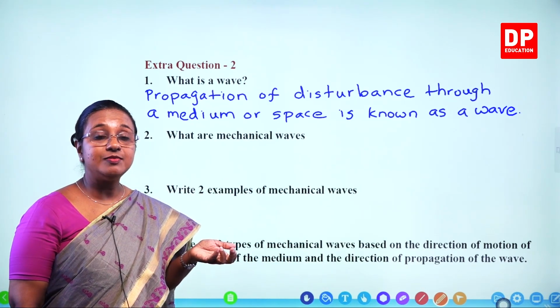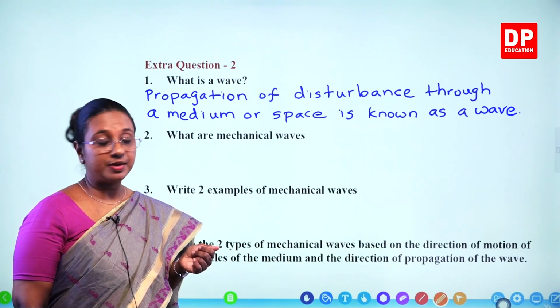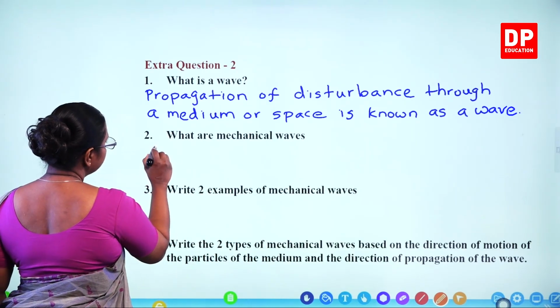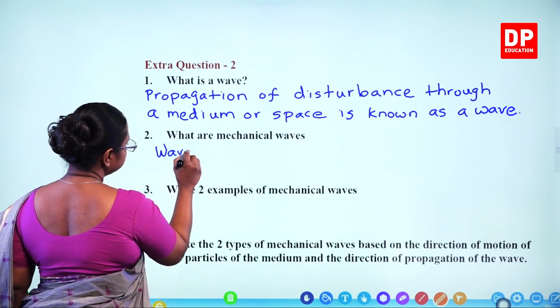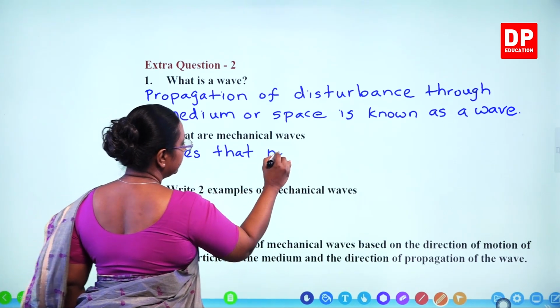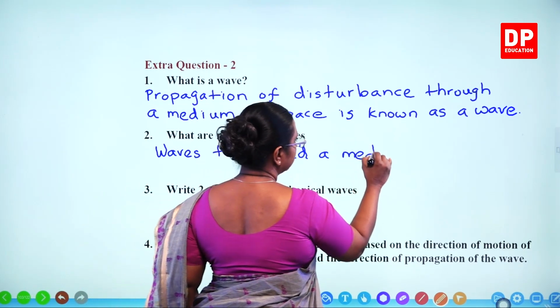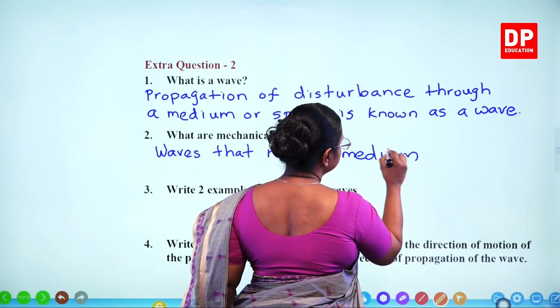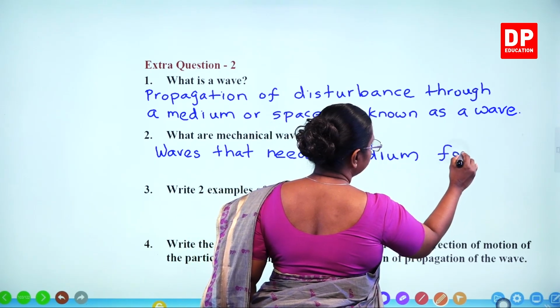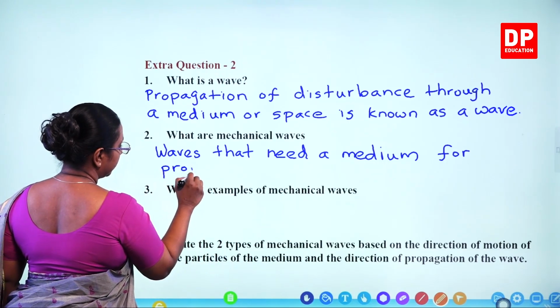Waves that need a medium for propagation. So here, waves that need a medium for propagation.